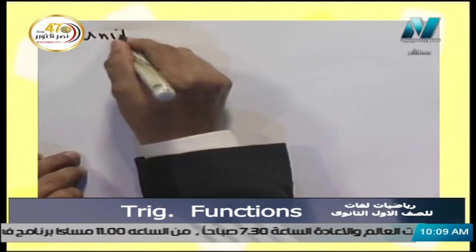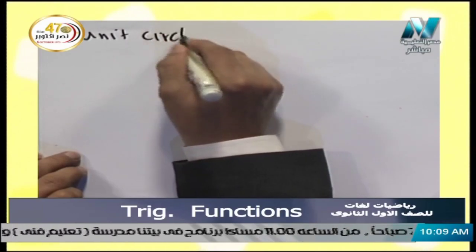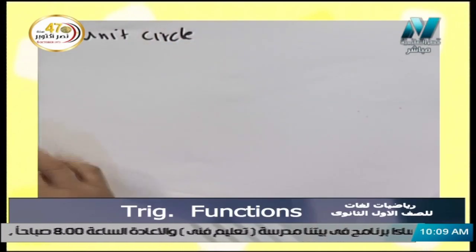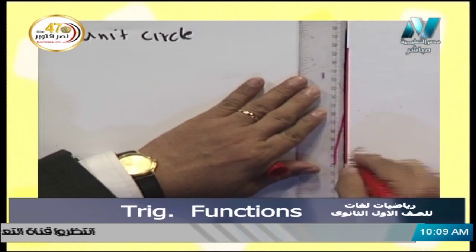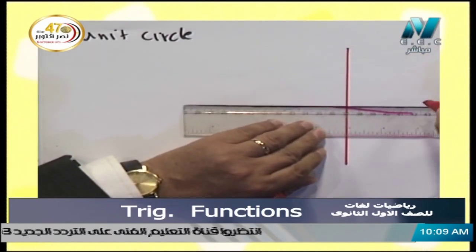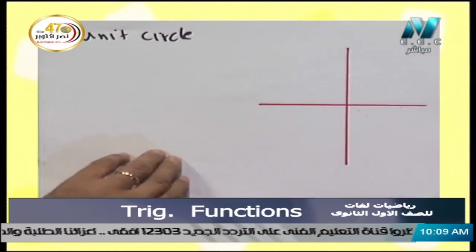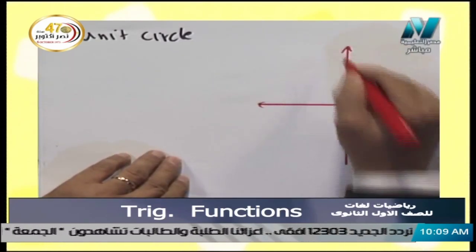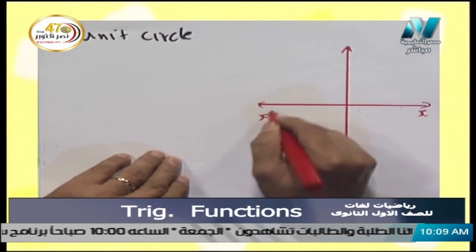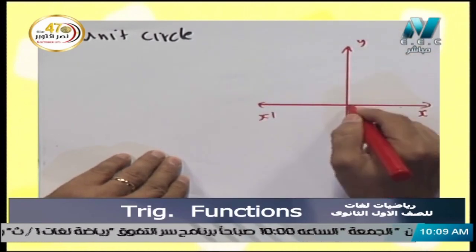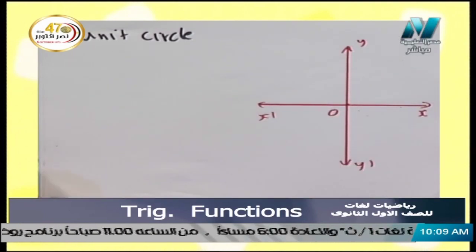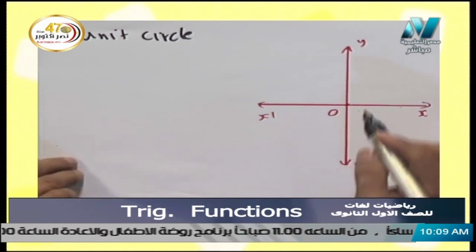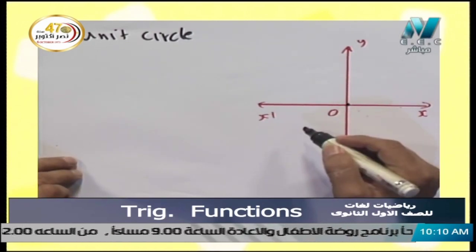If we have an x-axis and y-axis, as we draw here, this is the y-axis, this is the x-axis, x dash, y dash, and here is O, the origin point. The origin point is the point (0, 0), the intersection point between the x-axis and y-axis.